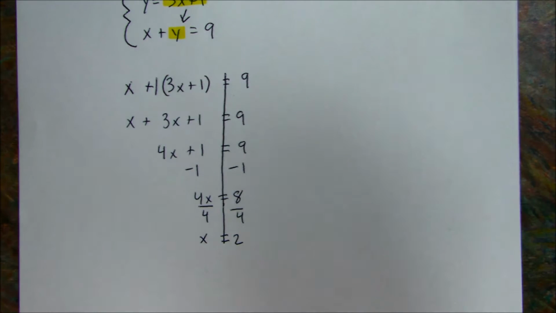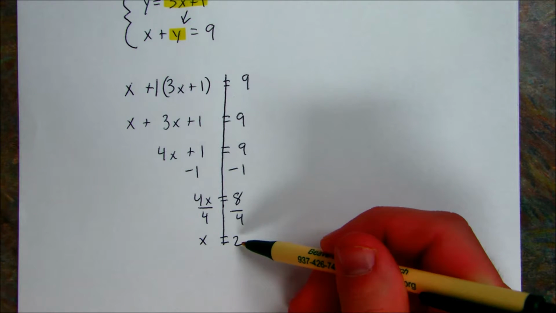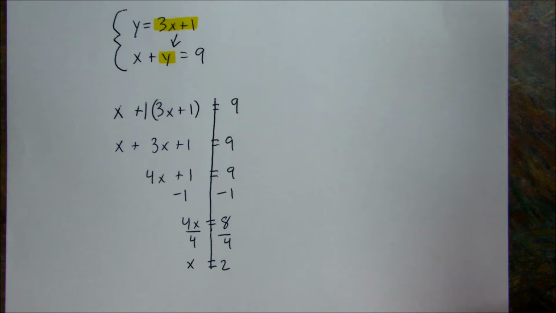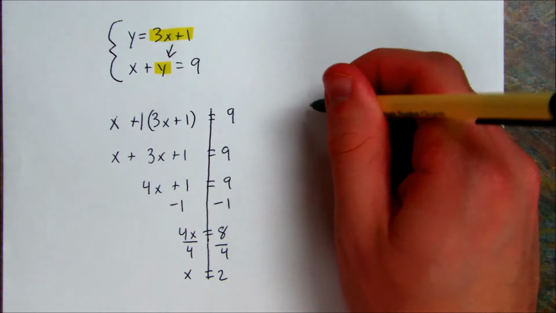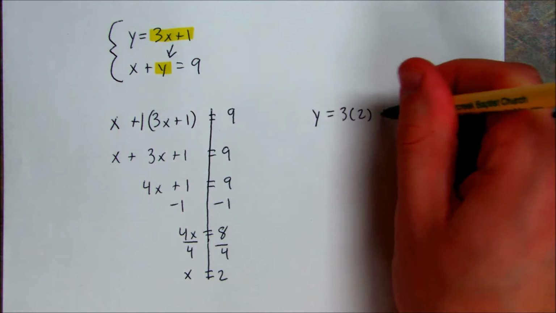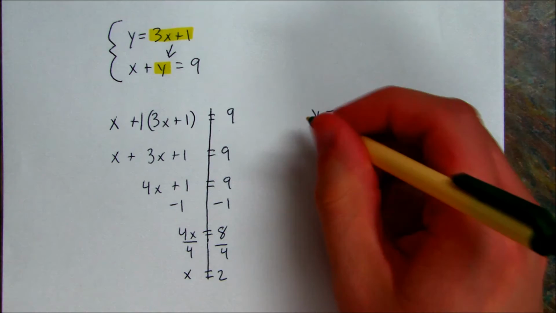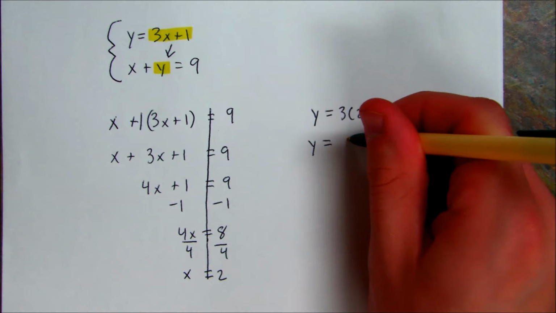So this means that our solution is going to be a point. Now, in order to be a point, I have to have an x and a y. So I'm going to choose one of these equations. I'm going to choose the top one, and I'm going to plug in 2 for the x to find the y that goes with it. So I get y equals 6 plus 1.